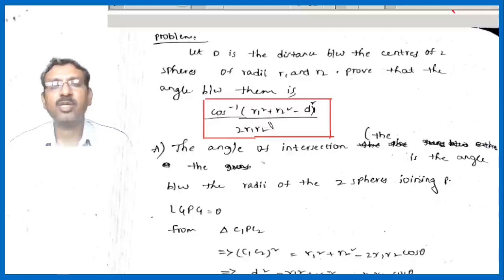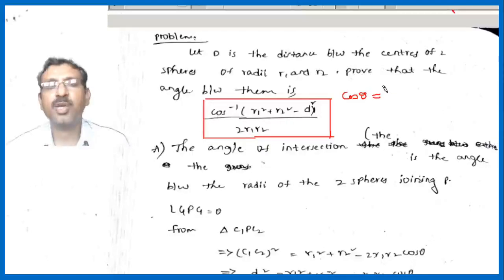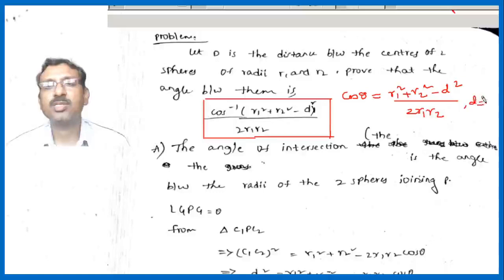Or we can write, if theta is the angle between two spheres, then cos theta equals (R1 square plus R2 square minus d square) by 2 R1 R2. Here d is the distance between the two centers C1 C2, and R1 and R2 are the radii.